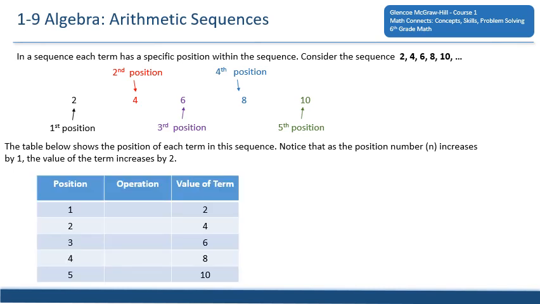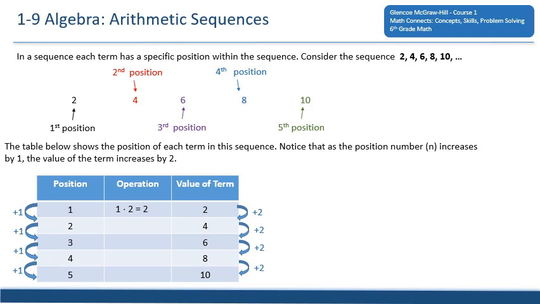So if it's in position 1, and we increase one position from 1 to 2, we're going to increase the value of the term from 2 to 4, so that is plus 2. So 2 to 3 is 1, 4 to 6 is 2. 3 to 4 is 1, 6 to 8 is 2, and 4 to 5 is 1, and 8 to 10 is 2.